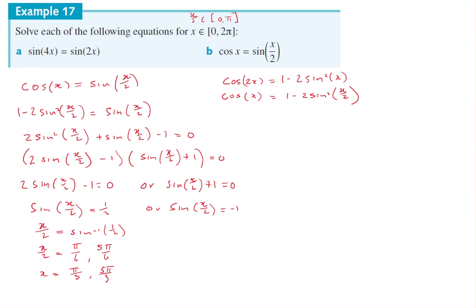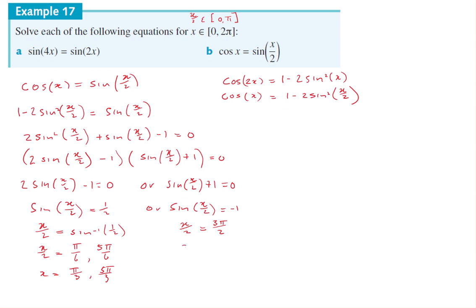And the other part is when is sine x on 2 equal to negative 1? Just use your trig graphs for that, and x on 2 is going to occur at 3 pi on 2. And again, if you add 2 pi or subtract 2 pi, that'll be out of the domain.